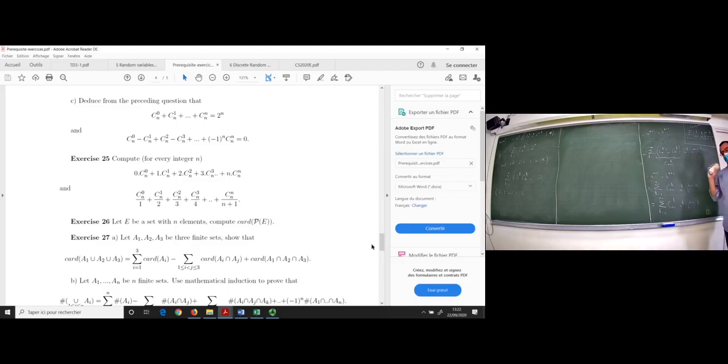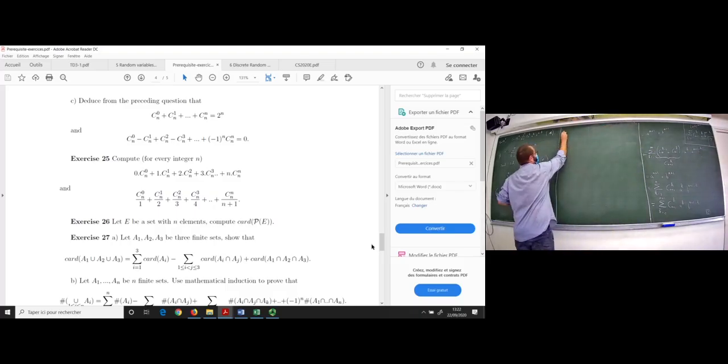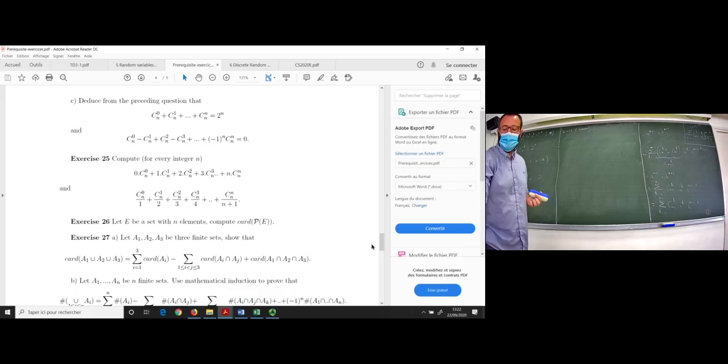Something that I have not defined yet, that will be defined next session. So I take the exercise 25 of the summer list, and I have to compute this sum here.